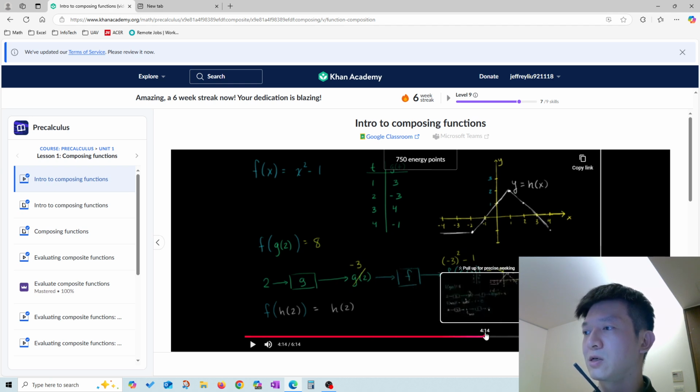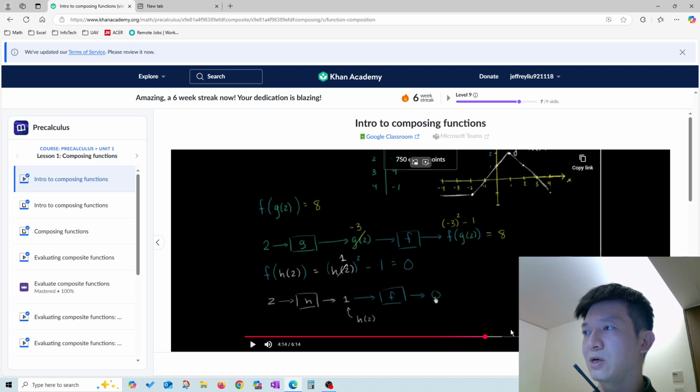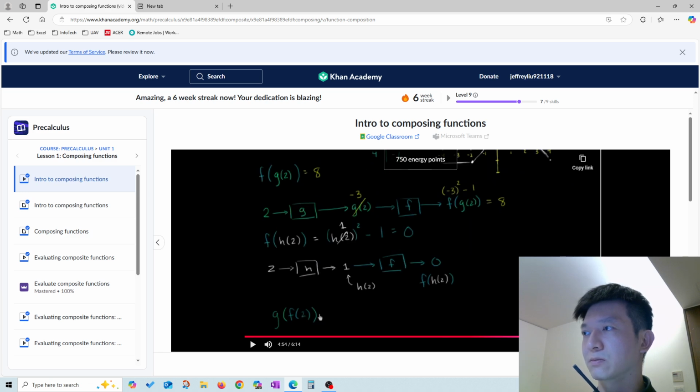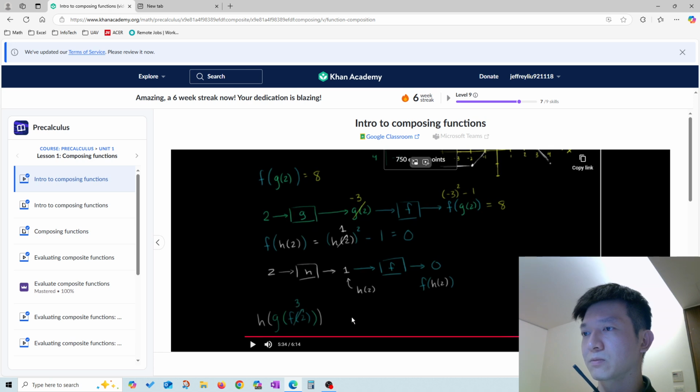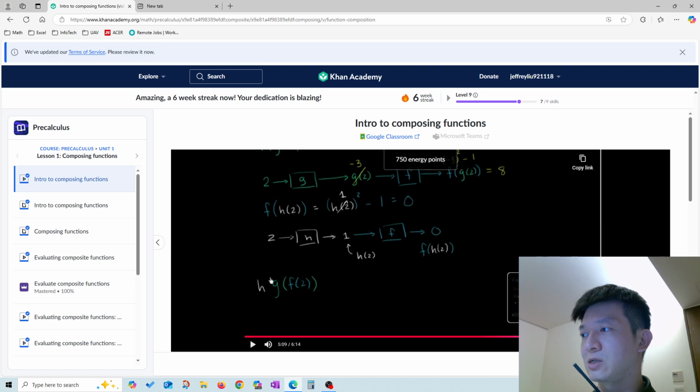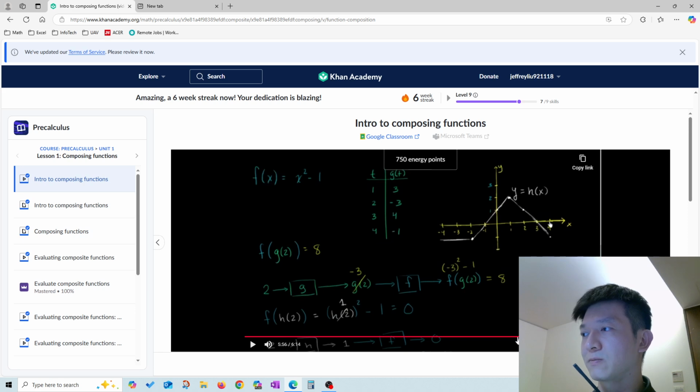So let's see if it gives us another example here with regards to h of x. Okay, so now we have f of x inside of g of x, inside of h of x, and I'm assuming h of x is the graph in the beginning, the triangle graph.